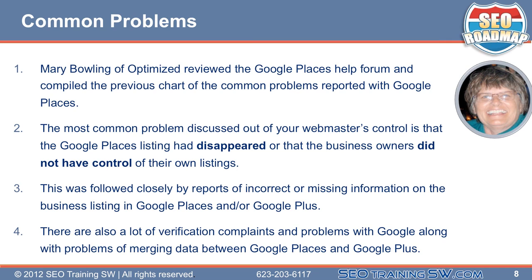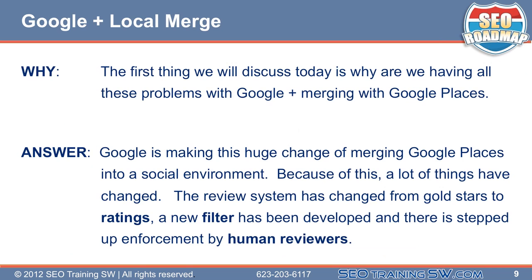And again, the most common problem discussed on the Google Help Forum is that Google Places listings have just disappeared. Or perhaps the business owner had control of that listing, but all of a sudden he doesn't. Somebody else has it. This is again followed closely by reports of incorrect or missing information.